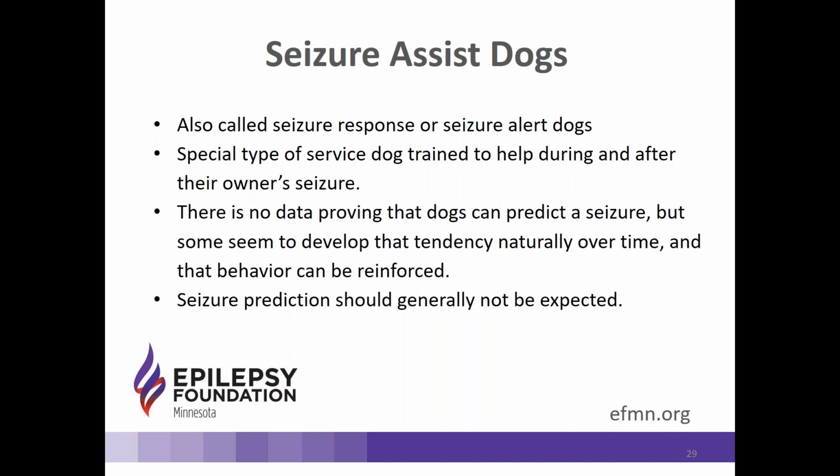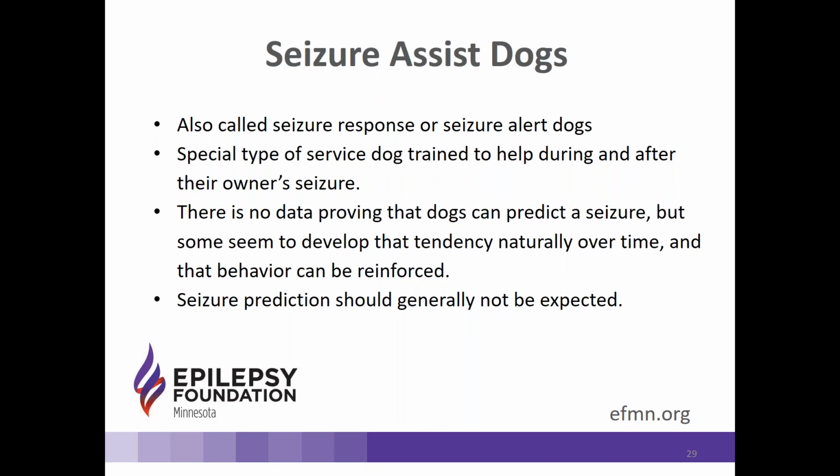But when you go into getting a seizure assist dog, usually it's a good idea not to generally expect that it will be able to predict that seizures are going to happen. That's a nice bonus if it does happen. And it's really not well understood why it does occur in some animals and why it doesn't in other animals. You may find trainers who say that they will train for it, but the majority of the ones I've talked to do not.